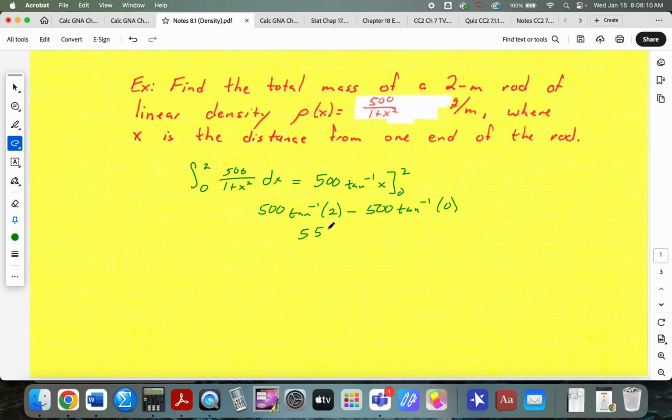It comes out to be 553.574 grams. All right.